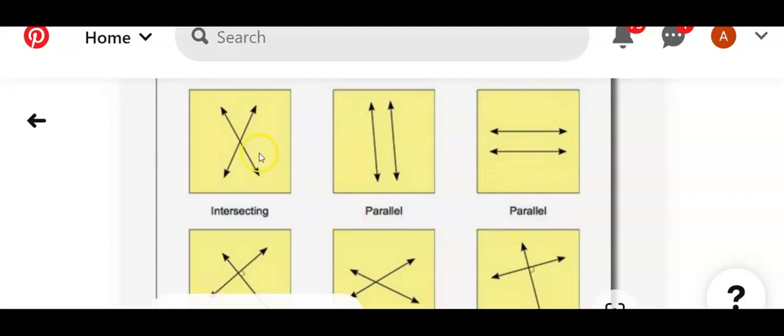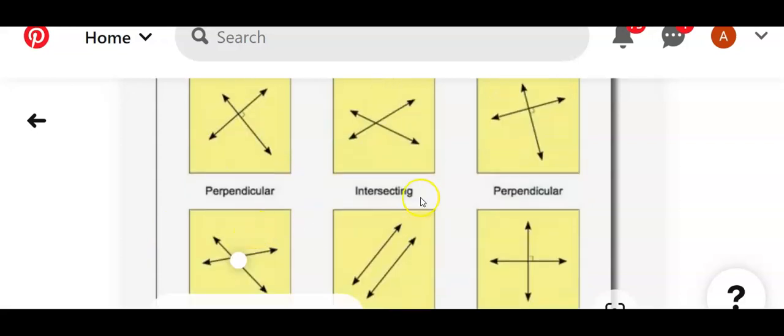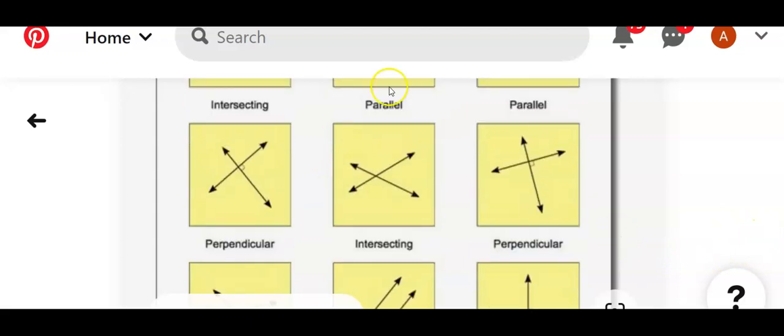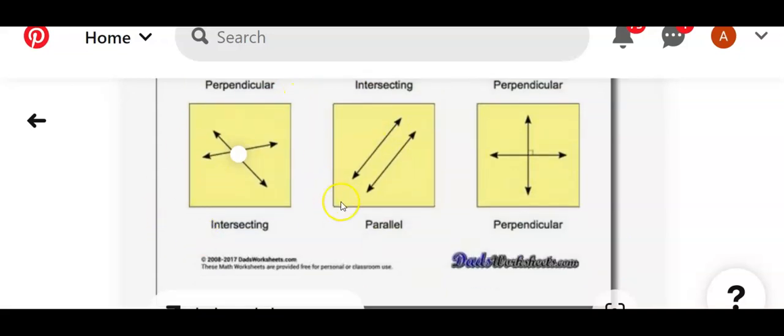Perpendicular is the same thing as an intersecting line in that 2 lines meet at a particular point, but when they meet, they create a 90-degree angle. Intersecting lines meet at a point without creating 90-degree angles, but perpendicular lines do. So that's intersecting, parallel, and perpendicular.